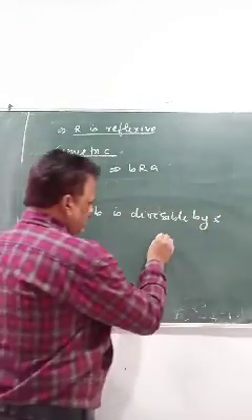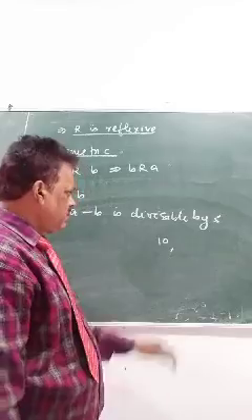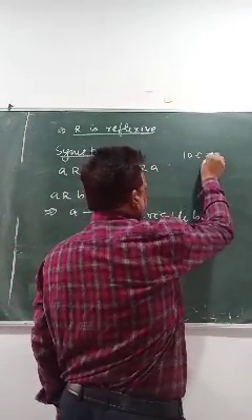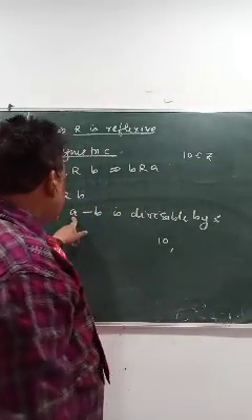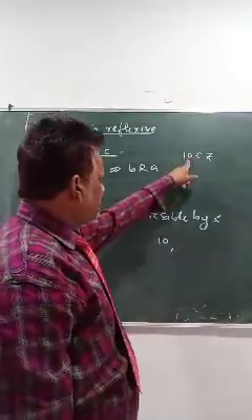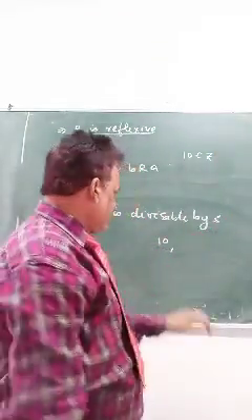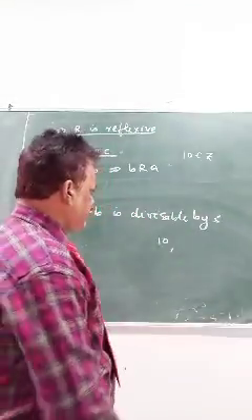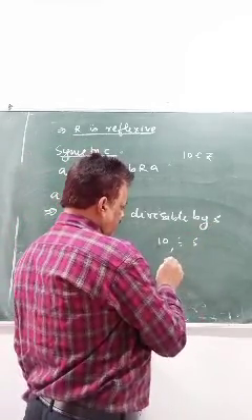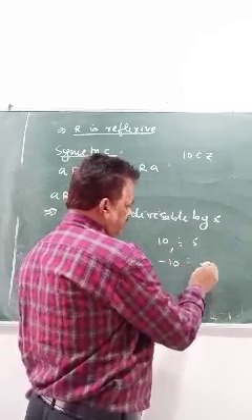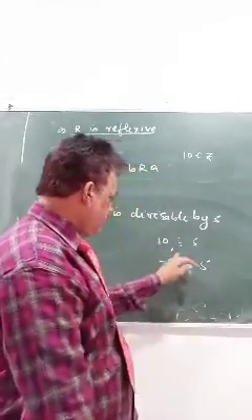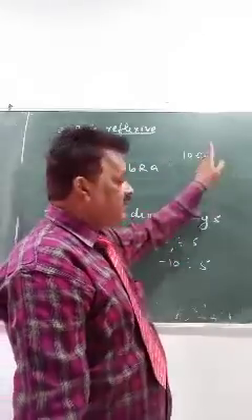Suppose A minus B is 10. 10 belongs to Z. Suppose A is 15, B is 5. Then 10 is divisible by 5. Then I can say minus 10 is also divisible by 5, because minus 10 is also present in Z.